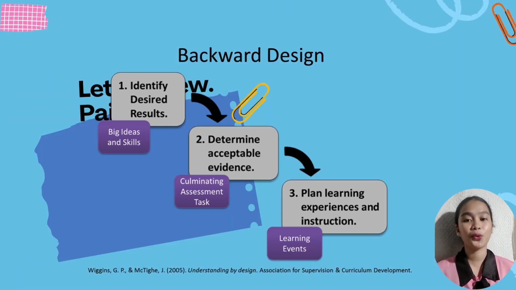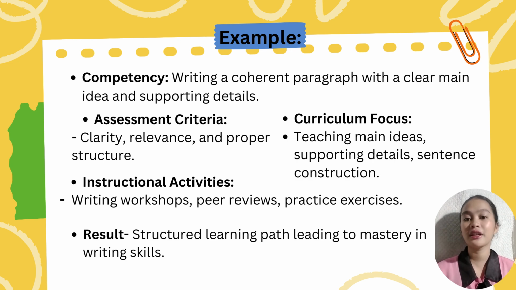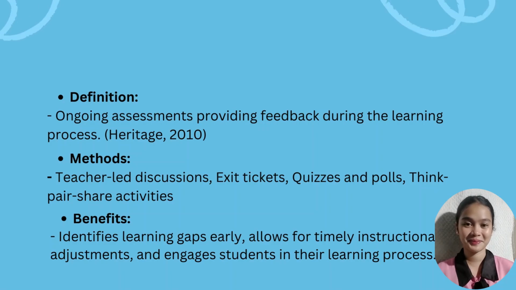For example, in a fourth grade writing class, a competency might be writing a coherent paragraph. By starting with the assessment criteria, teachers can focus their instruction on the necessary writing skills such as structure, main idea, and supporting details through workshops, peer reviews, and practice exercises.